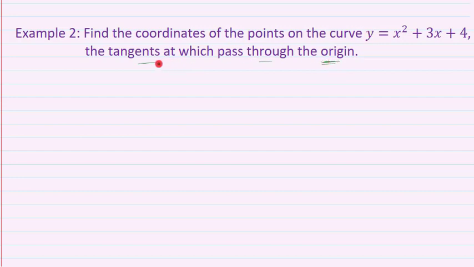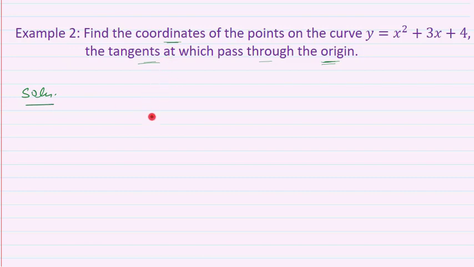Through origin only the tangent is passing. So we'll proceed in the same way, and one difference is also there. Instead of calculating the equation of the tangent, we need to calculate only the coordinates, means only x1 and y1, the common point of curve and tangent. So let us do the solution of this question.